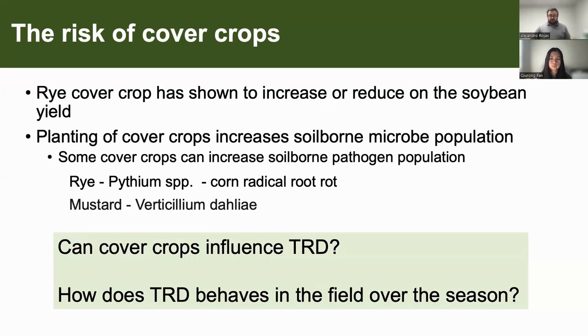So for that reason, my student Qiurong Fan is working on a project looking at some of these practices and actually using some novel technologies to understand how taproot decline actually happens in the field and how the disease progresses over time in a system in the field.